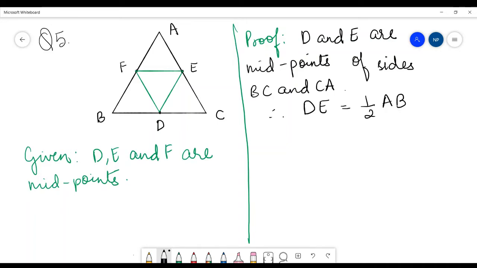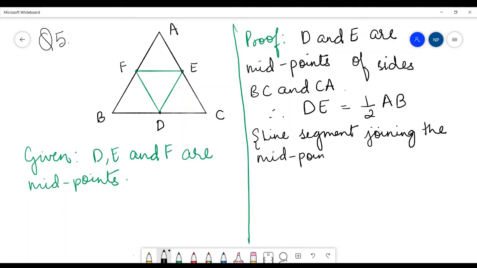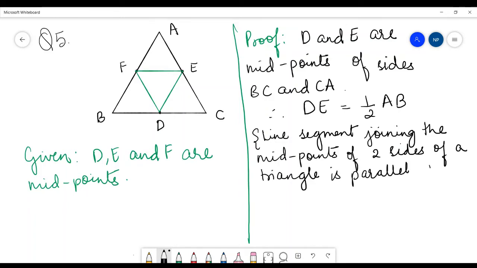Now why will it be half of AB? You all have studied this theorem in class 9: the line segment joining the midpoints of two sides of a triangle is parallel to the third side and half of it.